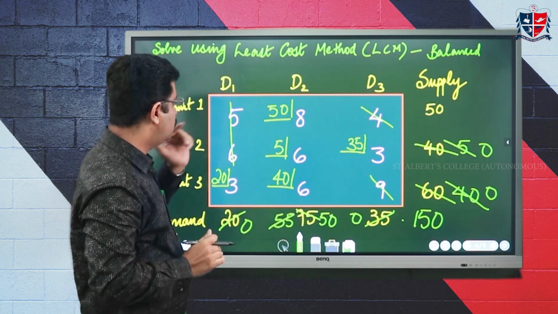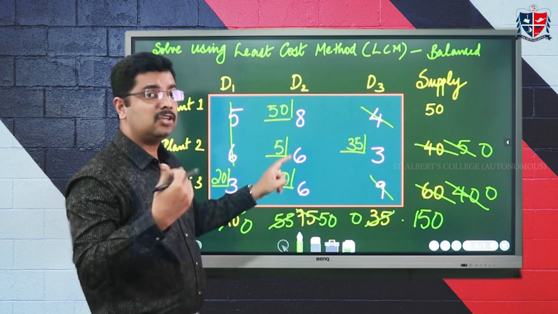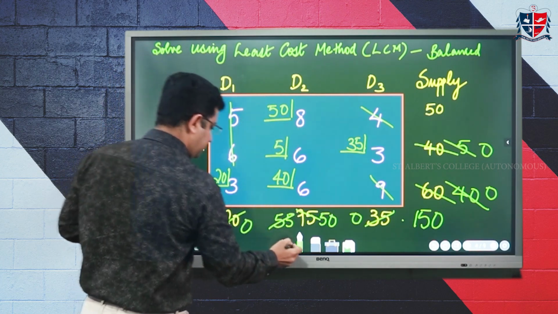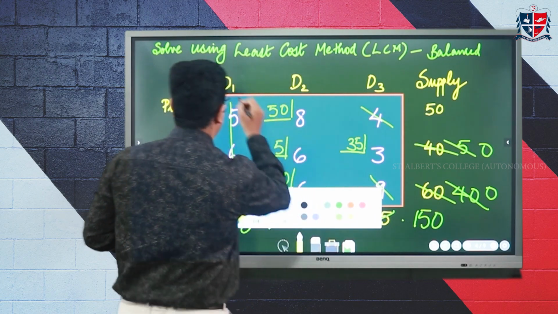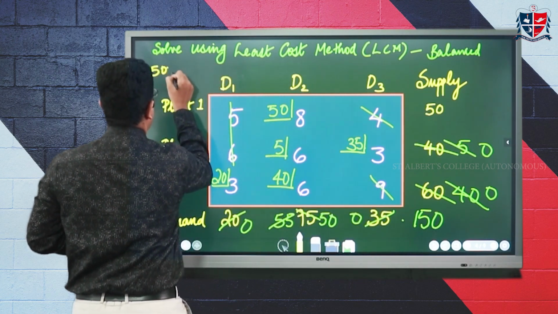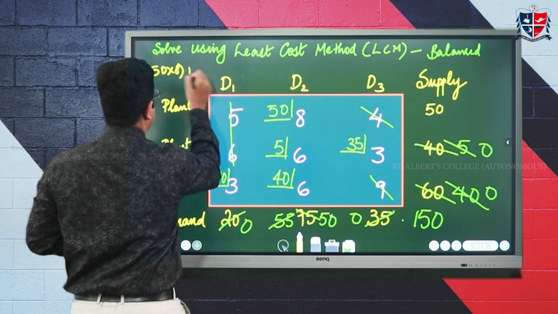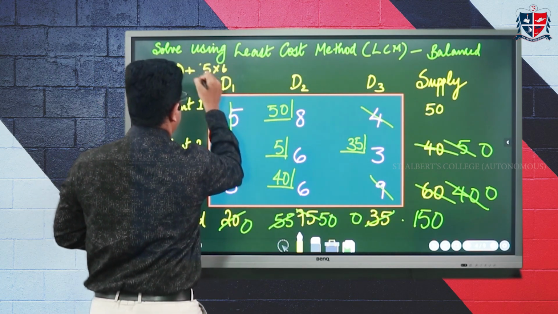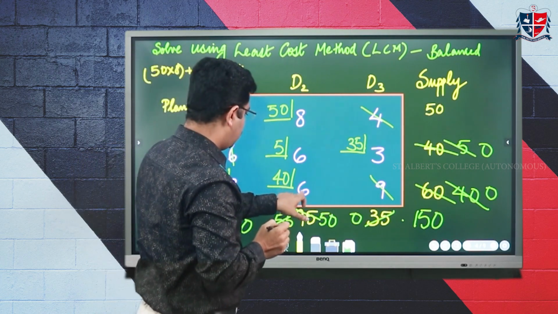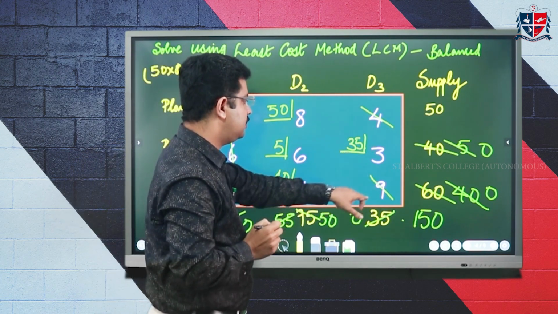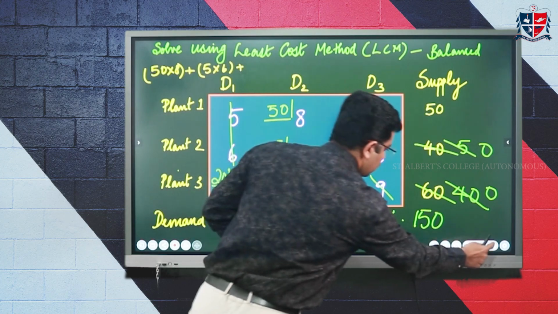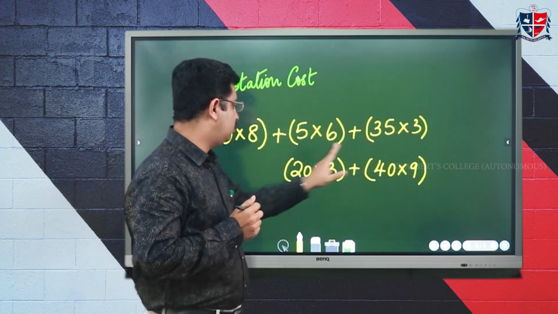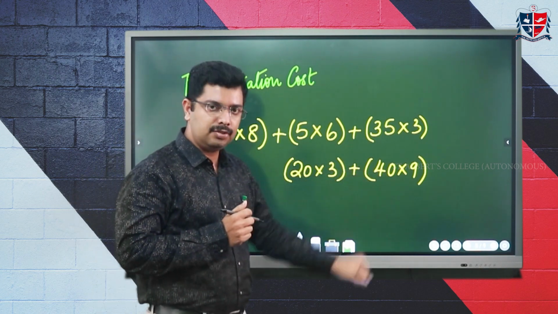Now we are supposed to find the total cost. How do you find the total cost? Let us do the math here. 50 into 8 plus 5 into 6 plus 35 into 3 plus 20 into 3 plus 40 into 9.